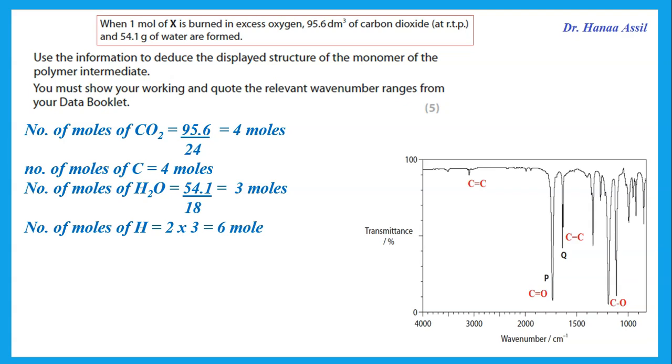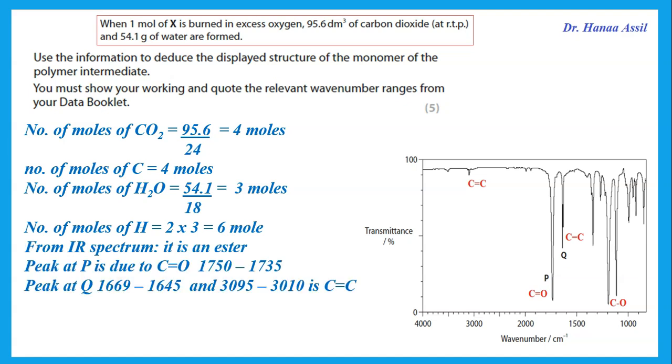Then we look at the IR spectrum. We have a peak, which is labeled P, that is for the C=O. And from your data booklet, you can see that the C=O is in the region for an ester, 1750 to 1735. We also have the peak at Q, which is for the C=C from the data booklet. Again, get these numbers.